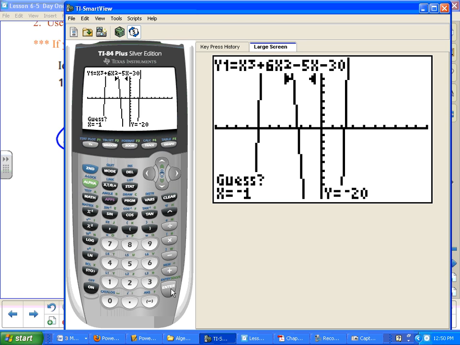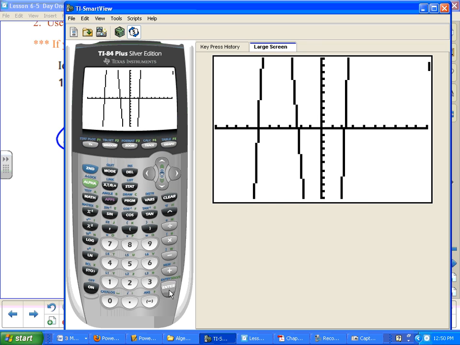You can see it puts another triangle there, pointing to the left, and it tells me at -1, y equals -20. So my answer for where this crosses the x-axis is between those two triangles. For guess, I can just hit enter, and there it takes us to -2.236, which is the square root of 5.